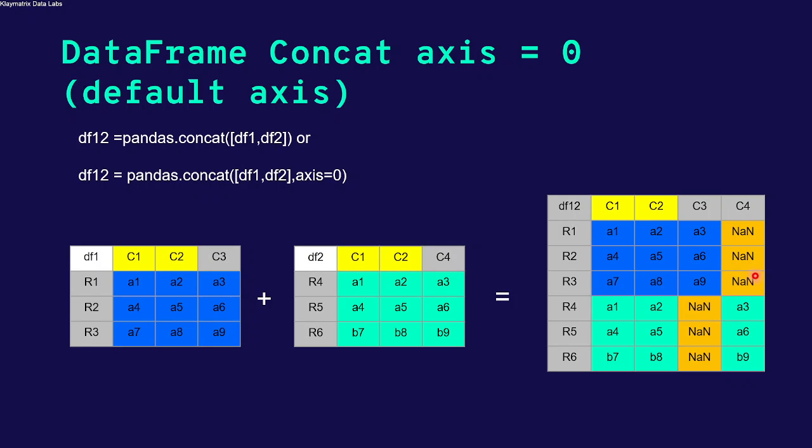We'll discuss what NaN is sometime later. Likewise, C3 is not available in this case, so that's why I'm getting these orange NaN. So you see how it behaves when you say axis is equal to 0.